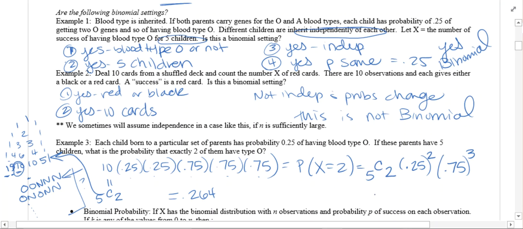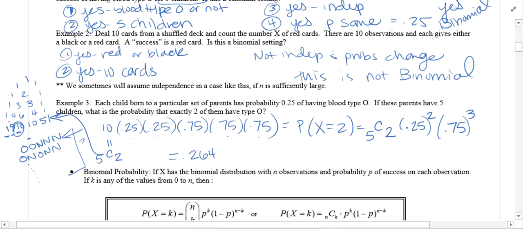I didn't give you too many problems like this in our probability chapter because it's so much easier to solve them using rules of binomial. There are a couple things you want to see. You have 5 combination 2, so this is always going to be the number of successes. This is your probability of success. That's your probability of failure.